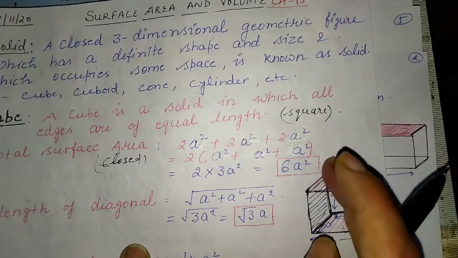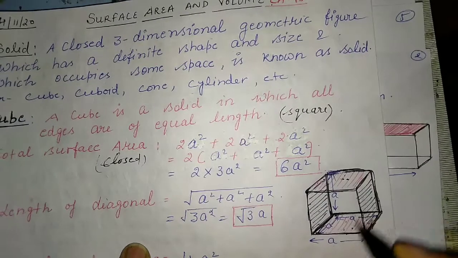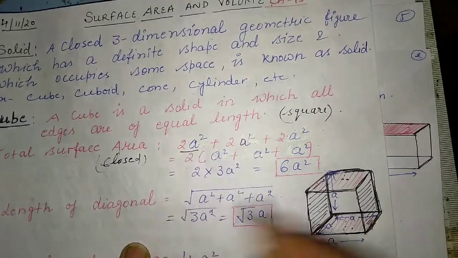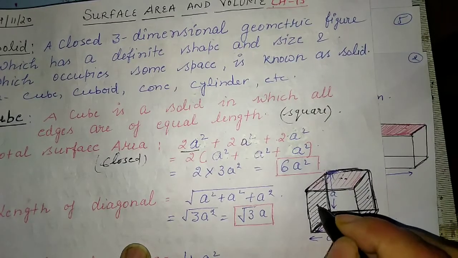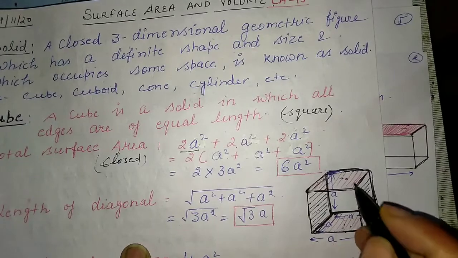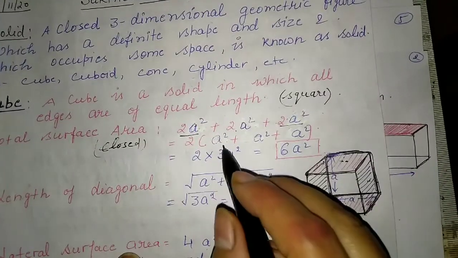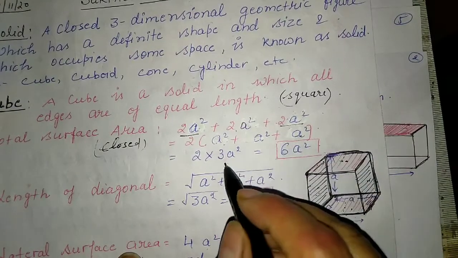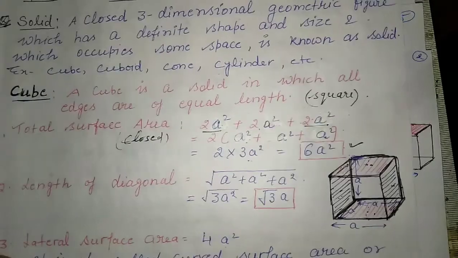Opposite to it is the ceiling, again a square, so this becomes 2a square. One side wall and the other side wall, again 2a square. The front and the back, also 2a square. Adding all, 2a square plus 2a square plus 2a square gives 6a square. This is the total surface area of the cube.